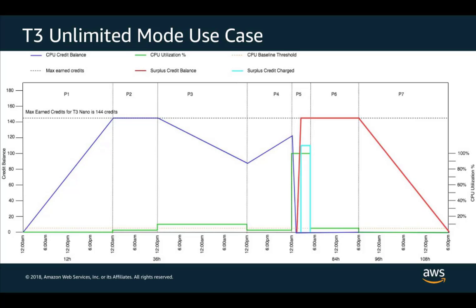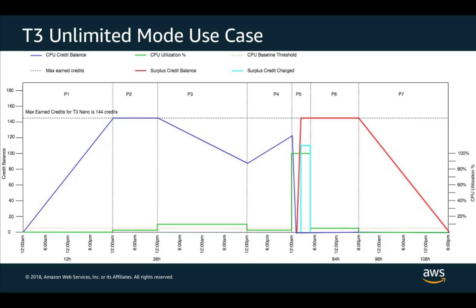So that's why when your average CPU utilization over a rolling 24-hour period is at or below baseline, you will not have to pay for any additional charges. However, here you did accrue in period 5 a surplus credit charge of 304 credits, which will be charged at 5 cents per vCPU hour.